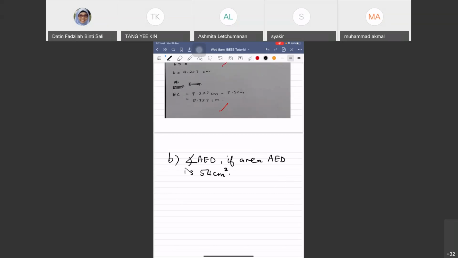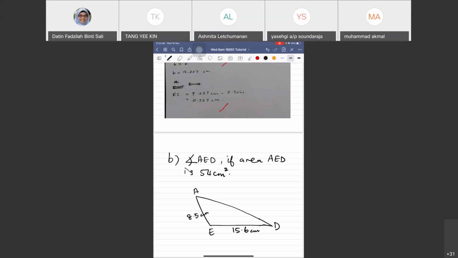Just look at this triangle. Let me draw triangle AED, something like this. This is A, E, D. This is AE, 8.5 centimeter, and this is 15.6 centimeter.